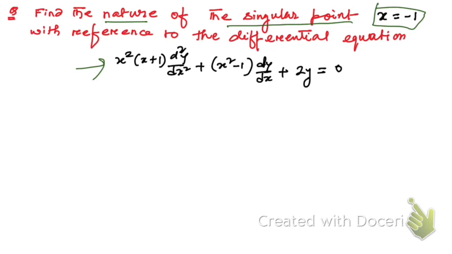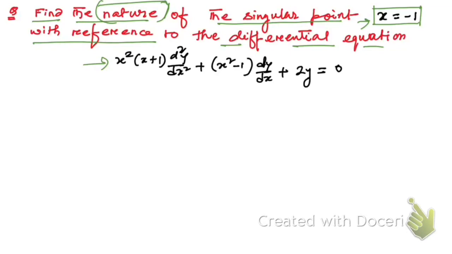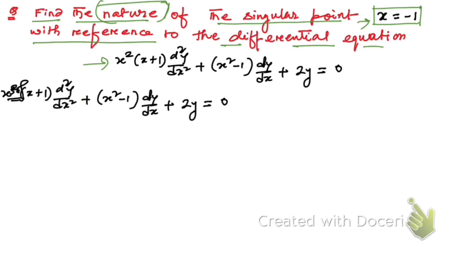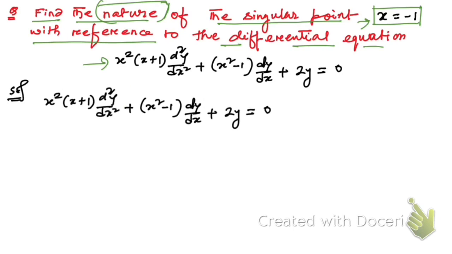Just continue. So let us determine the nature. So here you see, let us solve this. So this is the given equation. Let me write the given equation first. In the solution you must mention this given equation, always remember that. So here what will be the p of x?